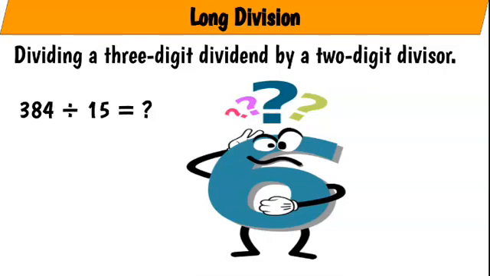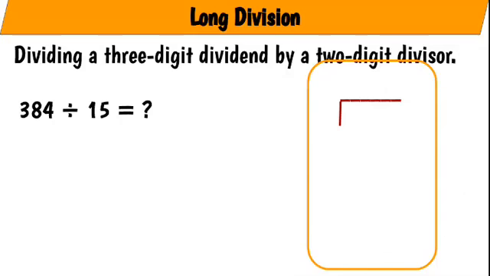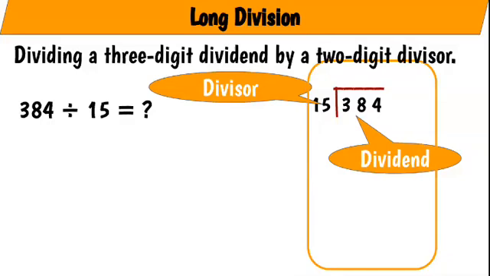So 384 divided by 15. So here we have our working column and our long division symbol. We have our divisor placed on the outside of that long division symbol and our dividend placed inside.